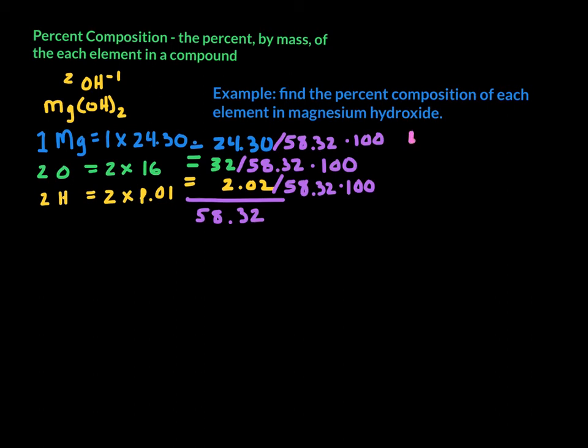41.7, and that is percent magnesium. And then for oxygen, we take 32 divided by 58.32 times 100, and we get a percentage of 54.9% oxygen.